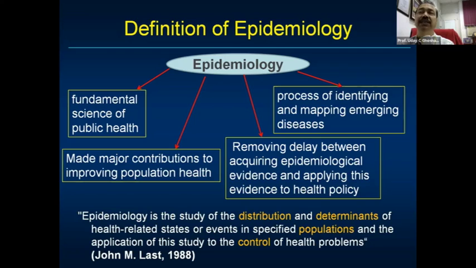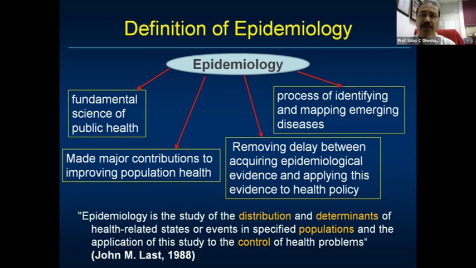For example, if a disease is very, very rare in a population, then probably putting a lot of attention to that particular disease, trying to prevent that disease, or trying to develop strategies to treat or diagnose that disease is not a great idea, because that disease is not common in that population. That we call disease burden.